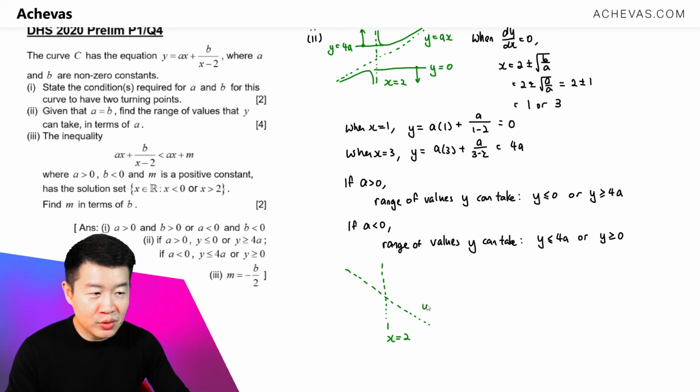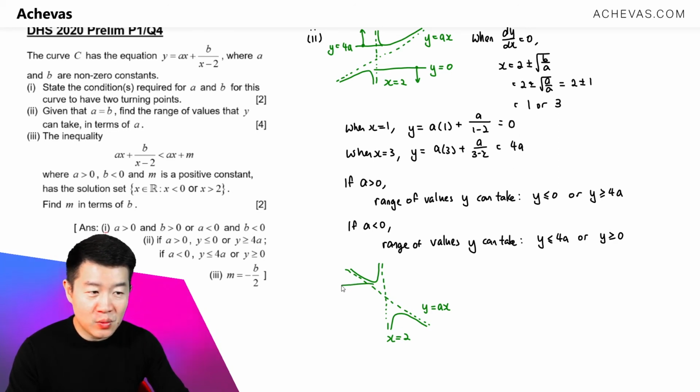This is my oblique asymptote, y is equal to ax. So for it to have two turning points, the graph is going to look something like this. And since a is less than 0, that means 4a, we have gotten 2 points, right? That means 4a must be a number that is less than 0, which means that 0 is going to be bigger.